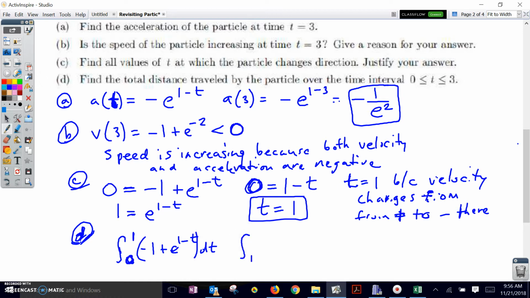And we're going to take the integral from 1 to 3 of negative 1 plus e to the 1 minus t dt.